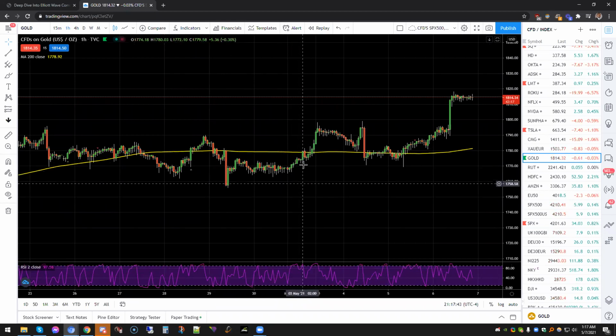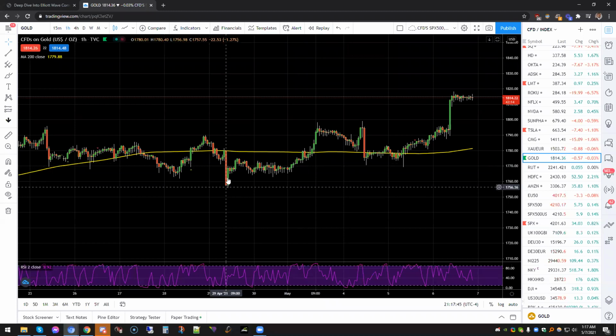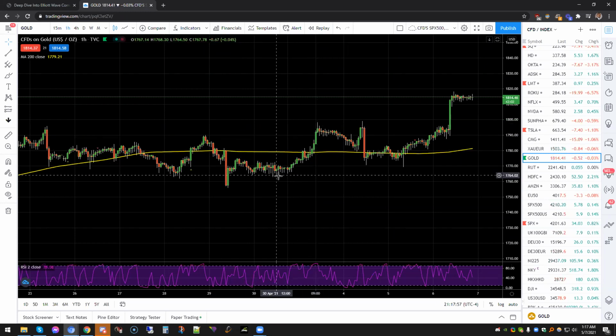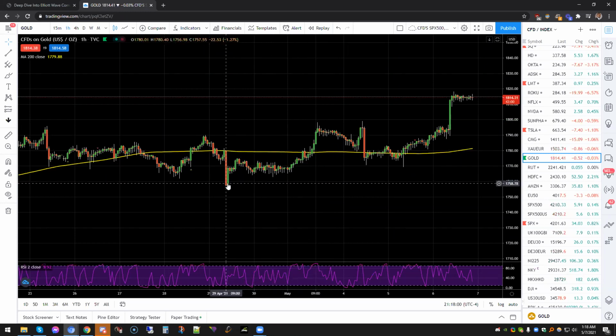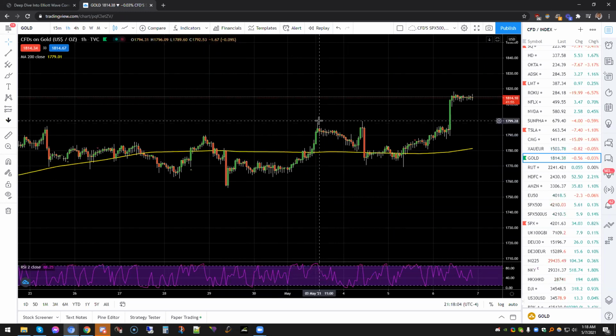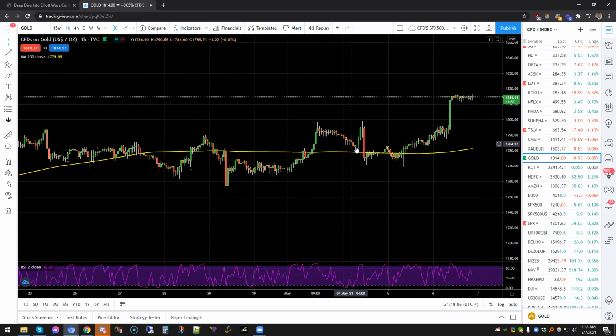This wave could be considered a 5-wave move, but it is broken down into 3 waves here, right? So you got 1, 2, 3, then you got a correction, and then you got 1, 2, 3, 4, 5. So this is a 5-wave move, and then this is a correction.